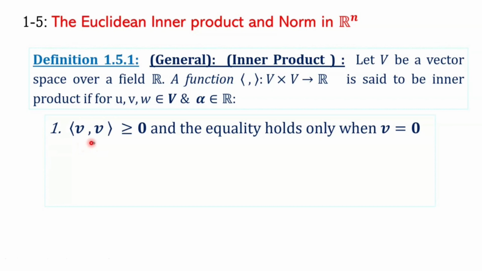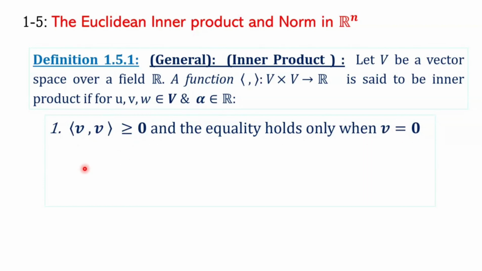The first property is that (v, v), if we take the same vector, is greater than or equal to 0, and the equality holds only when v is equal to 0.